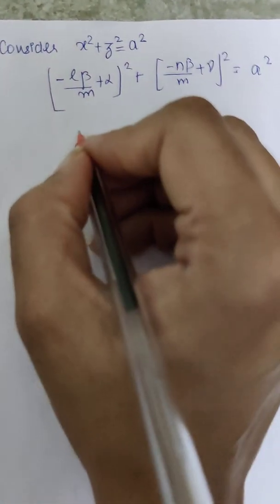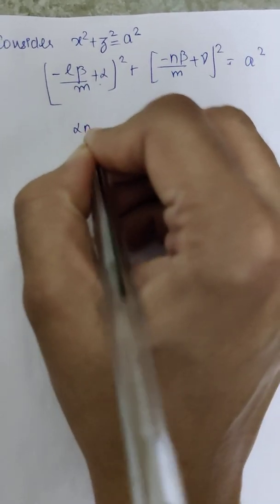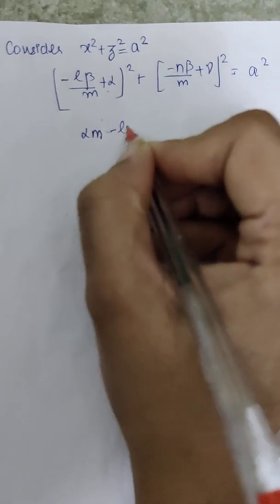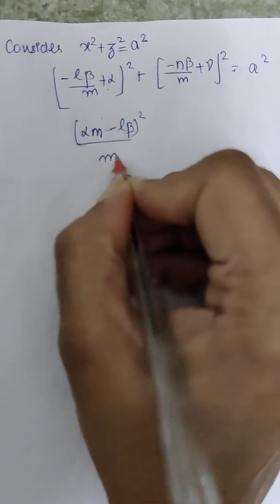Now I can rewrite this. If I'm going to take an LCM, it's going to become alpha m. So I'm going to write down this first because it's a positive term, alpha m minus l beta whole square divided by m square.